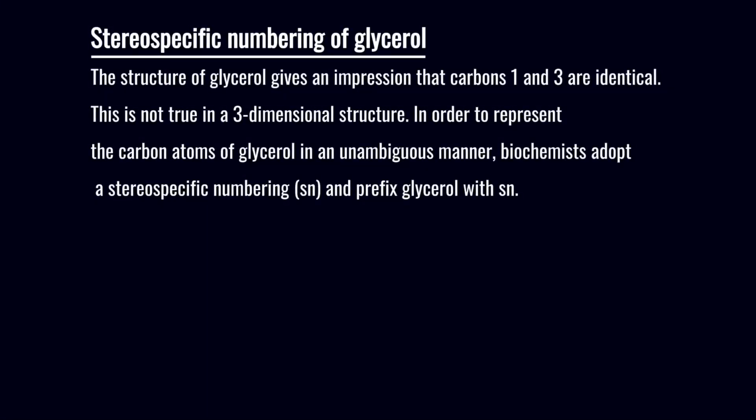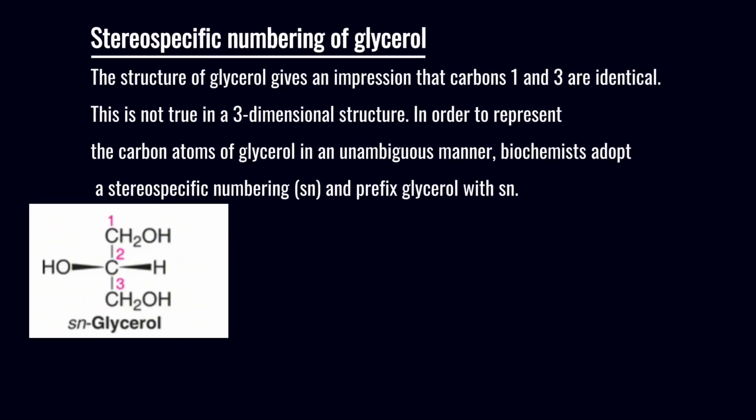Stereospecific numbering of glycerol. If you check the structure of glycerol, it gives an impression that carbon 1 and 3 are identical. Although physically it might look like that, that is not true in a 3-dimensional structure. In order to represent the carbon atoms of glycerol in an unambiguous manner, biochemists adopt a stereospecific numbering and prefix glycerol with SN.